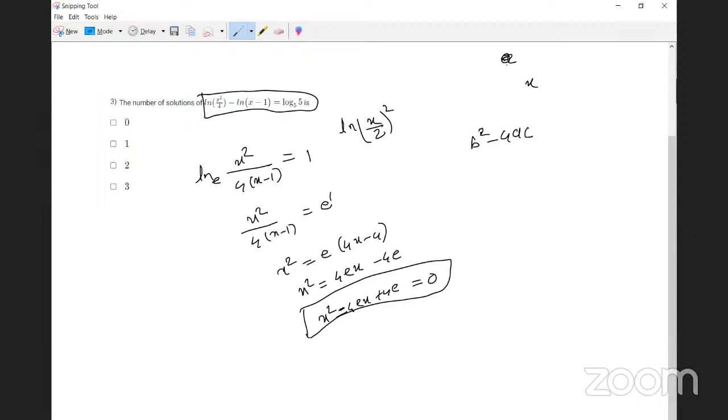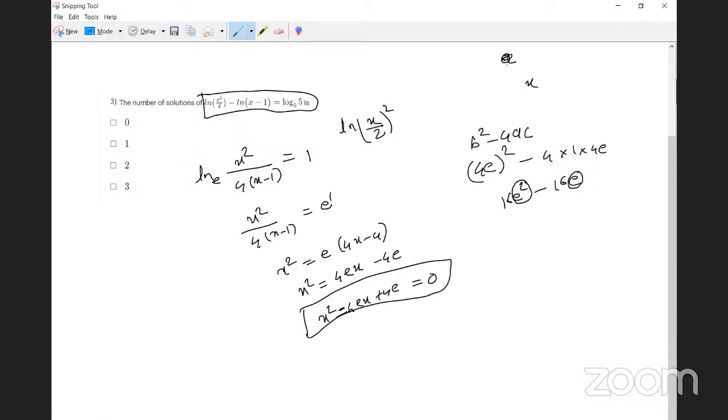Okay, b square, b is minus 4e, so 16e square, minus 4 times 1 times 4e, that is 16e. This is basically a constant only, right? Number. It is positive, right? Yes, e square is greater than e.